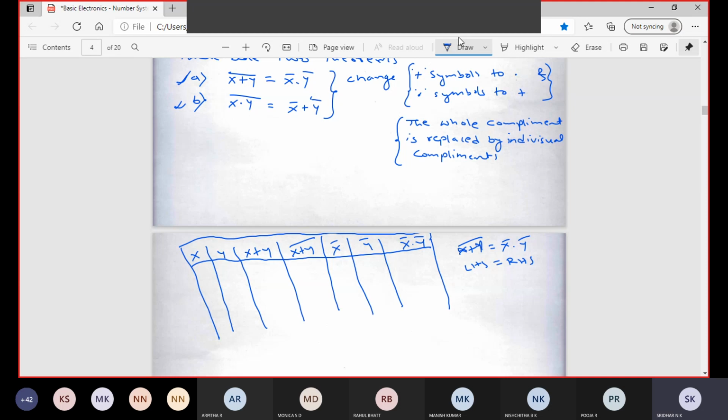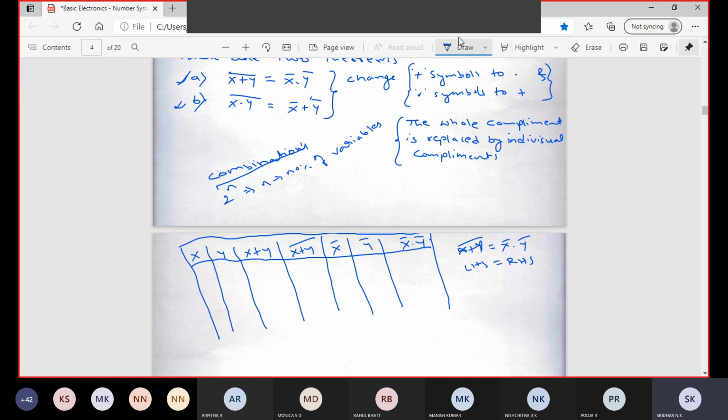So if there are two variables, how many combinations can I have? See, this is very important. How do you decide the number of combinations? It is 2 power n, where n represents the number of variables.